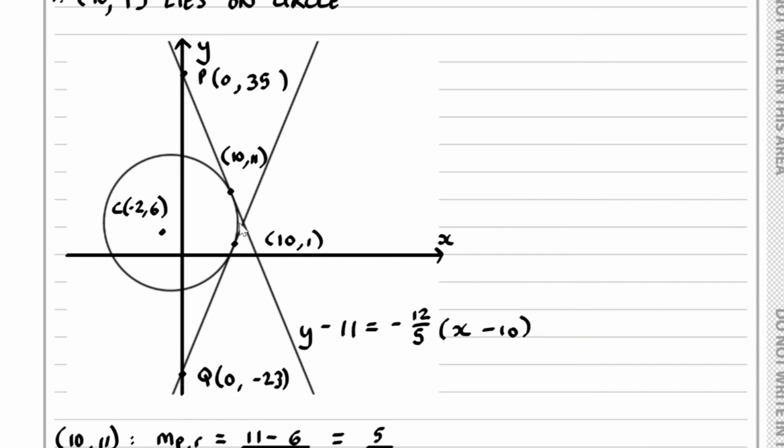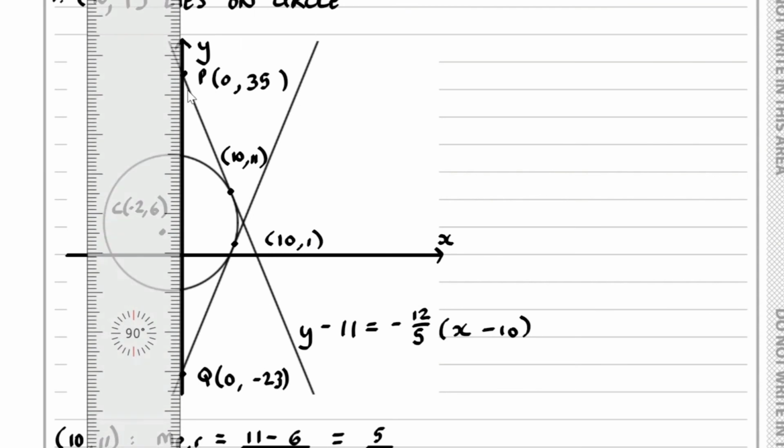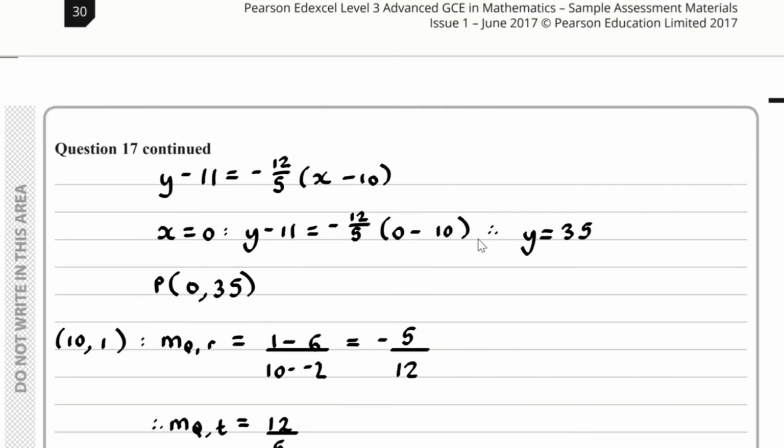And so therefore PQ will be the total distance. For the total distance, I want this distance here. So that distance is going to equal 35 plus 23, because this is 23 units below the x-axis.